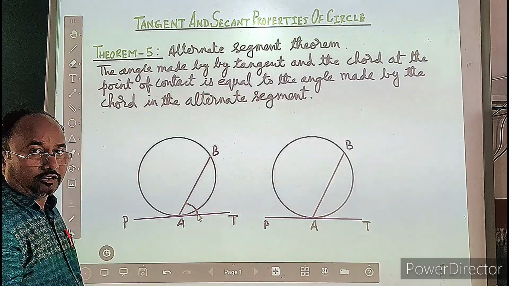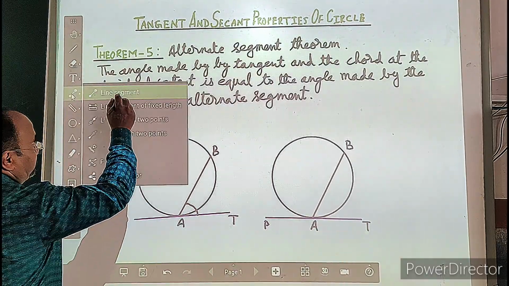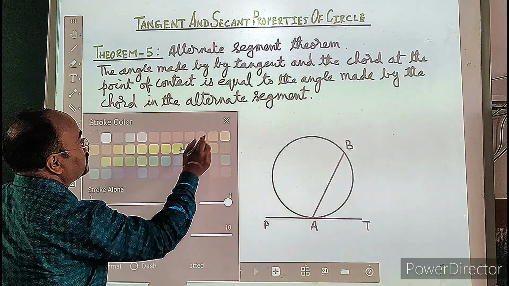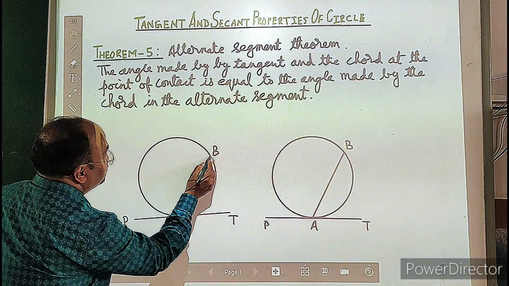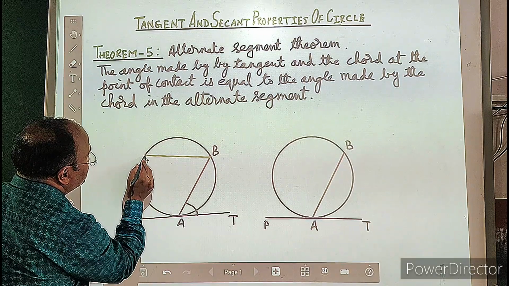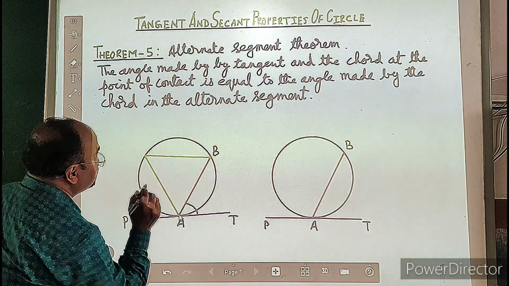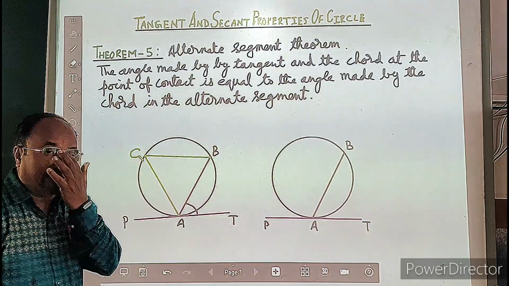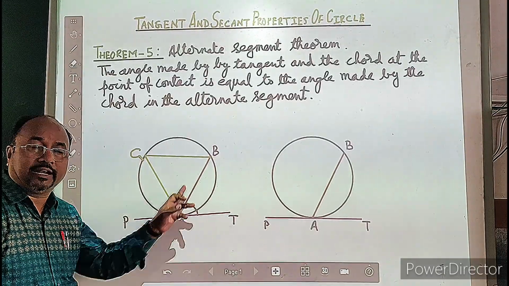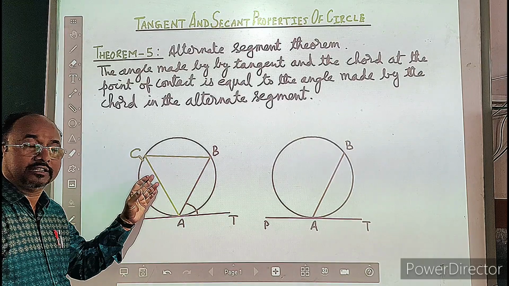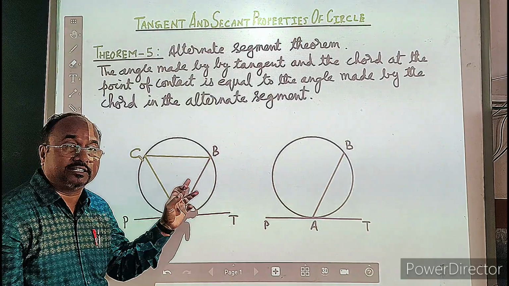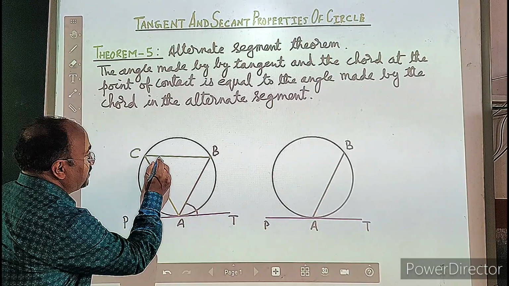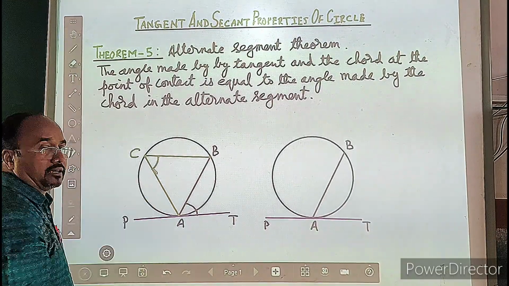So let me draw one such angle. So I have taken lines from point A and point B, made them meet on the circumference part of the alternate segment, and that point I have named as C. So this angle will be equal to this angle.